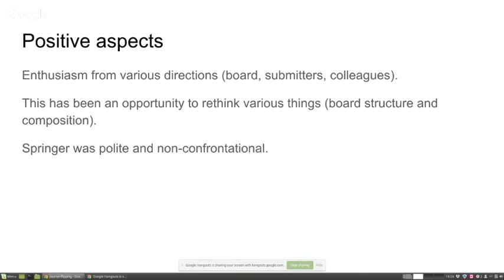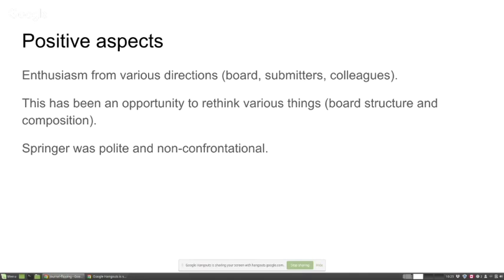Another thing that's been nice about carrying out the flip has been an opportunity to rethink things, which in a sense could have been done at any time, but hadn't been. So the board basically hadn't changed since 1992 when the journal was founded, and I think that's probably not viewed as best practices.